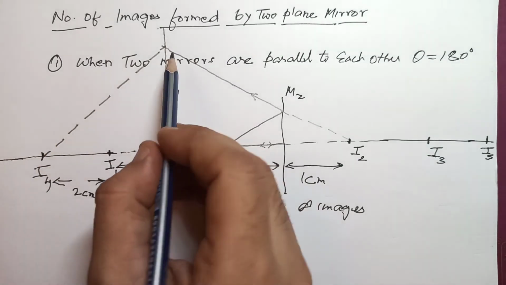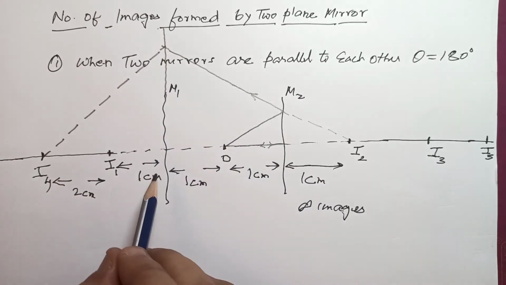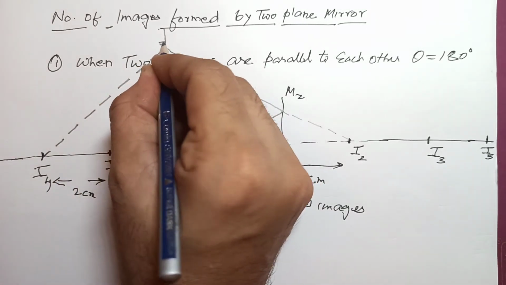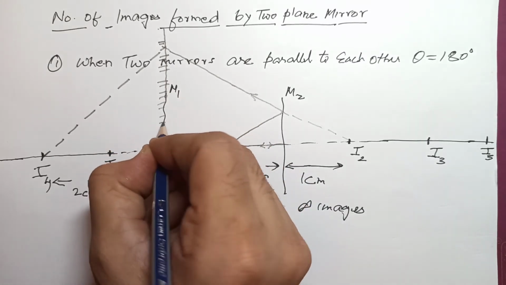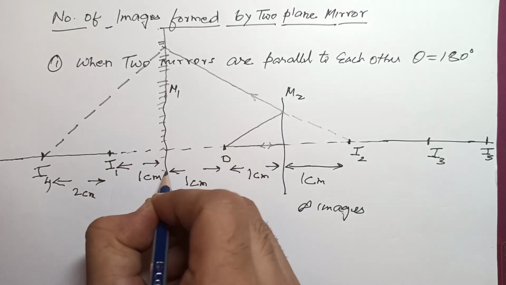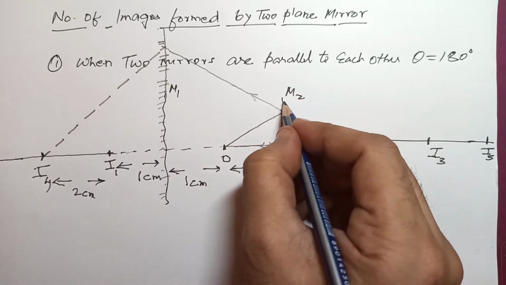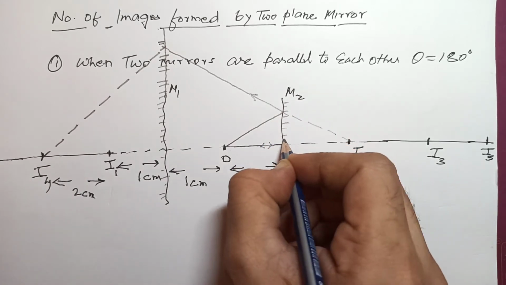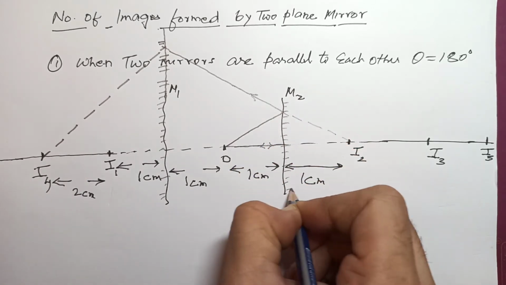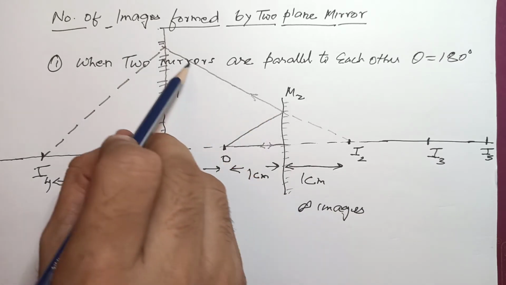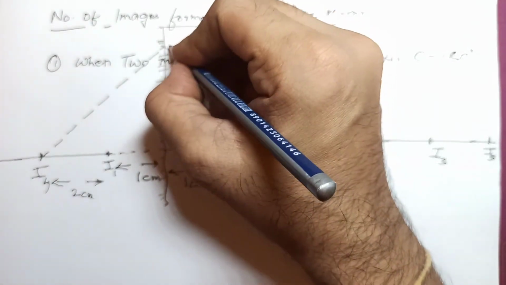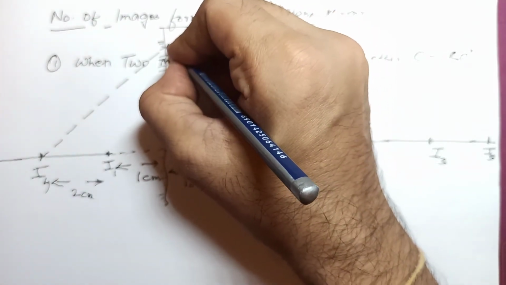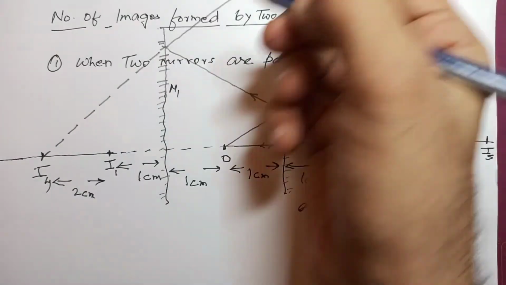Then after coming here, because it's a mirror, it will get deflected again, and so on.